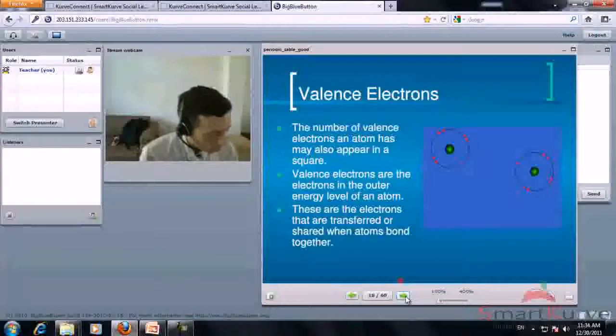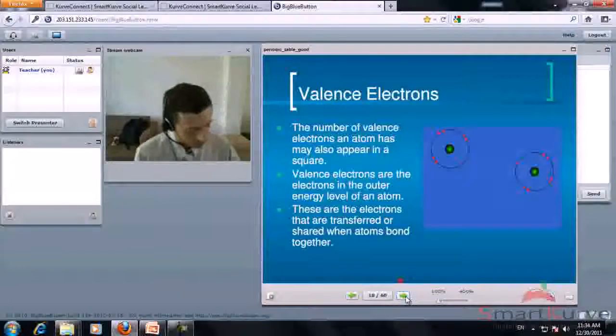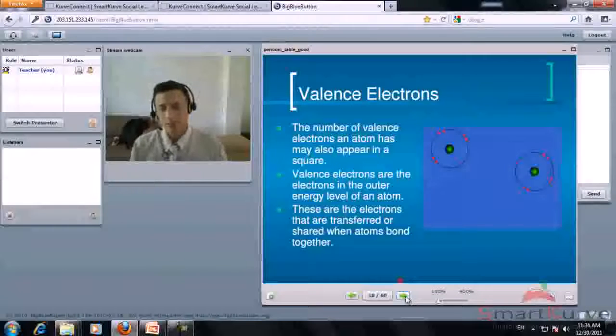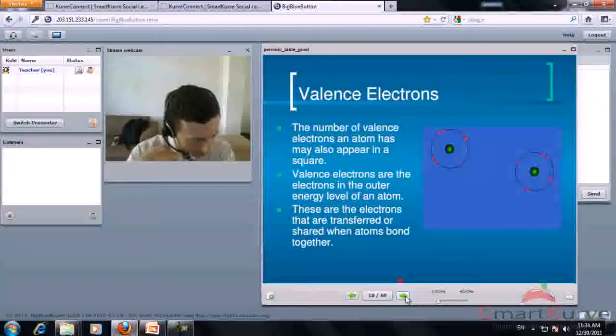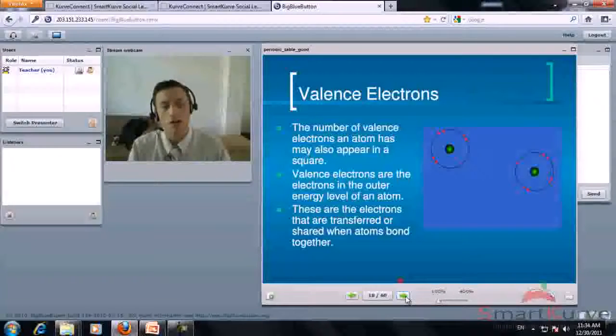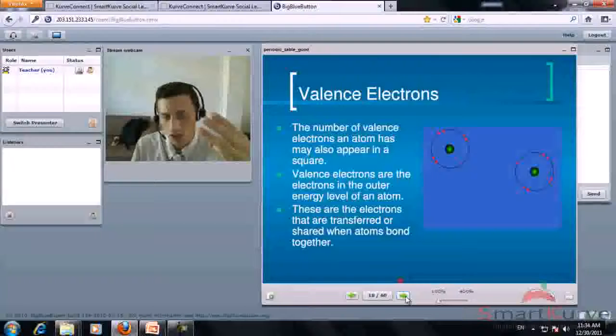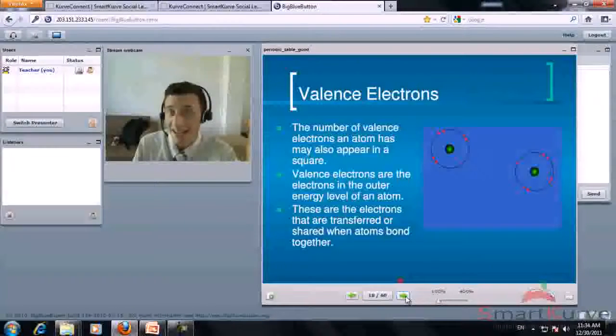Okay, let's move on. The valence electrons. Now we've learned that there are several different particles in the atom. We've learned about the protons, which have a positive charge, the neutrons, which have a neutral charge, no charge, and the electrons, which are much smaller than the protons and have a negative charge.